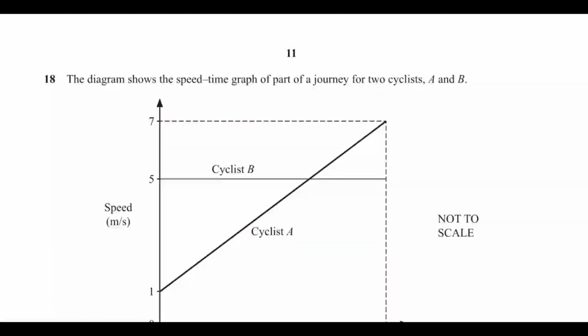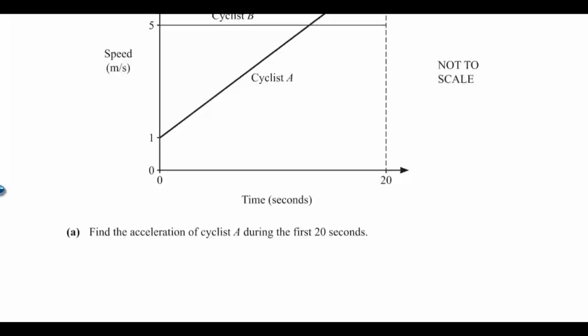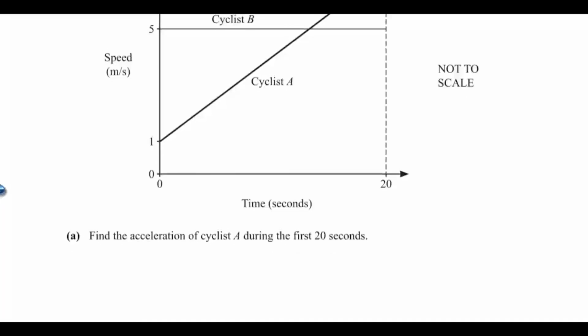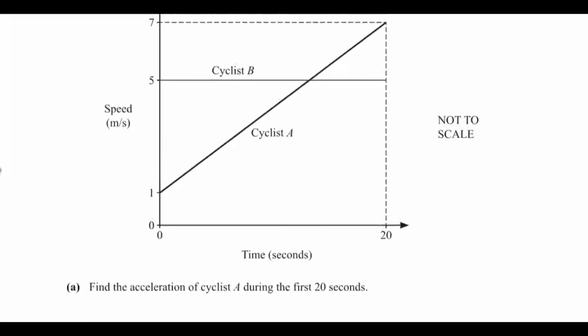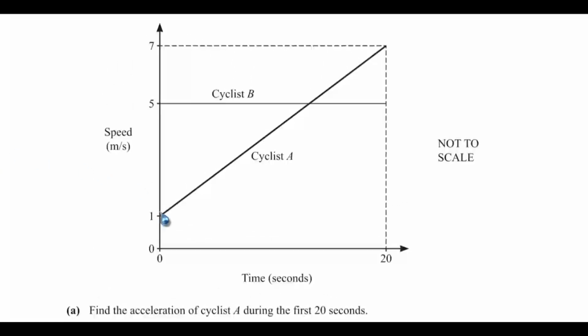That will be question 18. The diagram shows the speed time graph of part of a journey for 2 cyclists A and B. Then find the acceleration of cyclist A during the first 20 seconds. So this is cyclist A, from 1 here and up to this. Now to get the acceleration, the speed change is 7 minus 1, since it didn't start from 0.